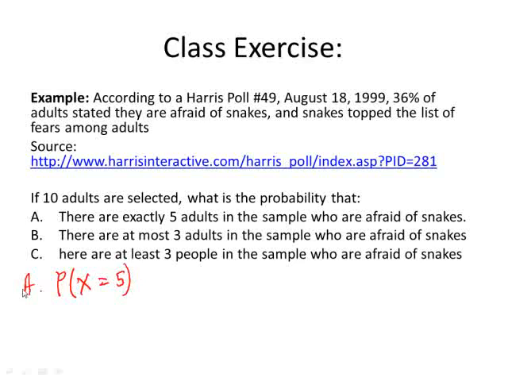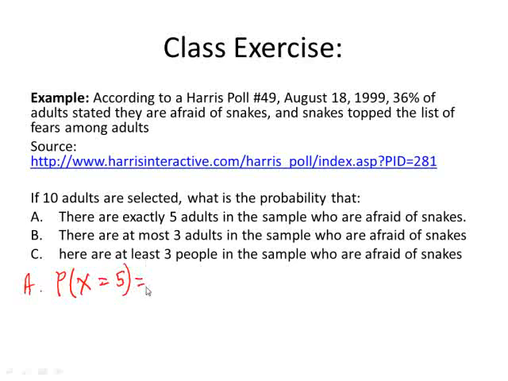Okay. So is this going to be a binomial experiment? Well, are there a fixed number of trials? Yeah. Do I have a probability of a success? Yes. And are they independent? Yes. And does the probability of a success remain the same? Yes. So the probability that X is equal to 5.